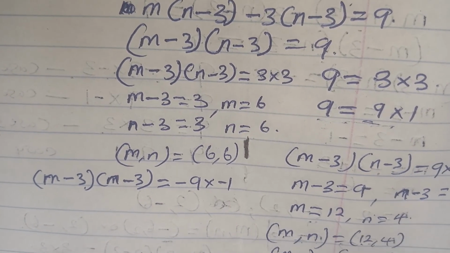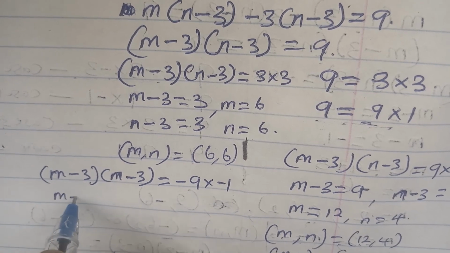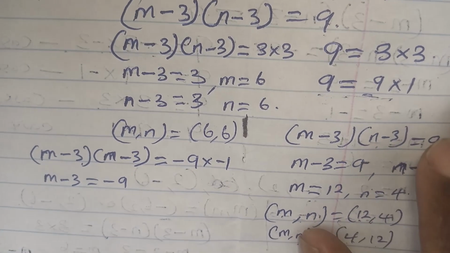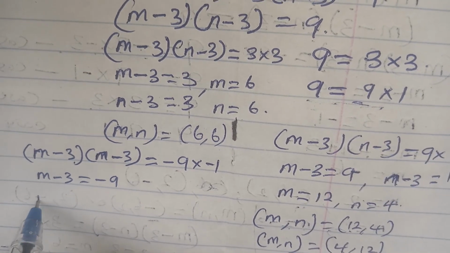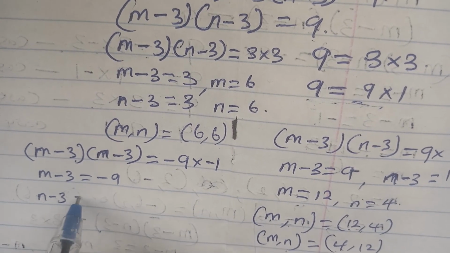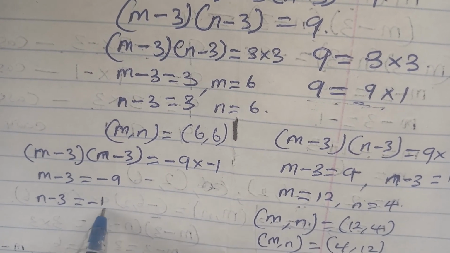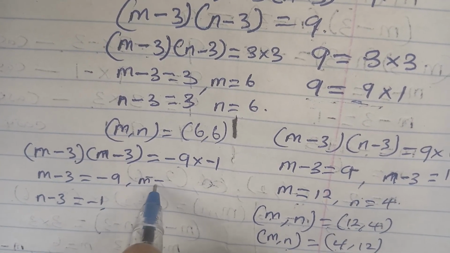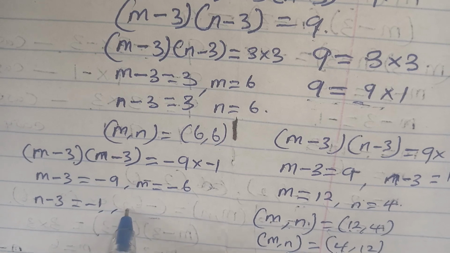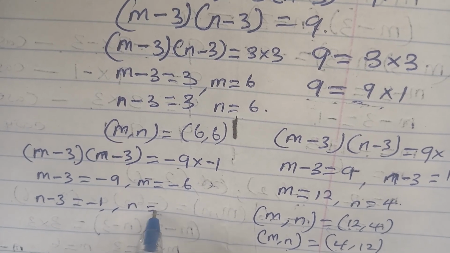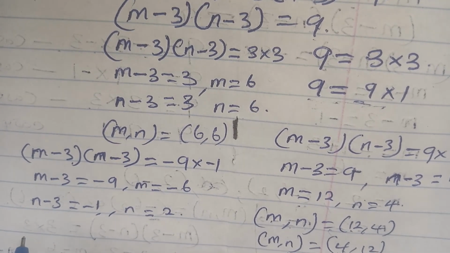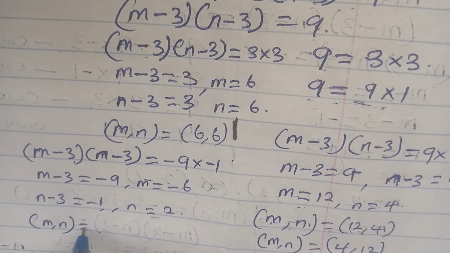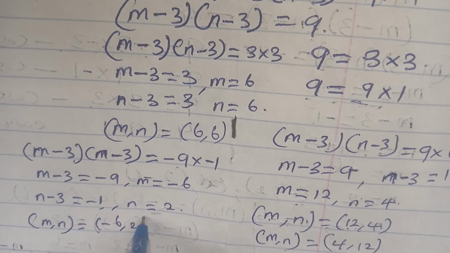So if we say m minus 3 is equal to minus 9, and n minus 3 is equal to minus 1, from here we can say our m is equal to minus 6 and our n is equal to 2. So our m comma n is equal to minus 6, 2.